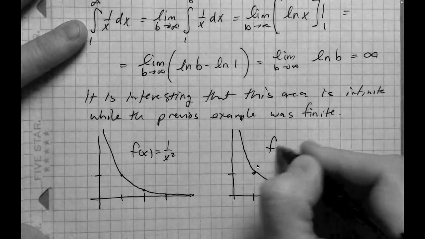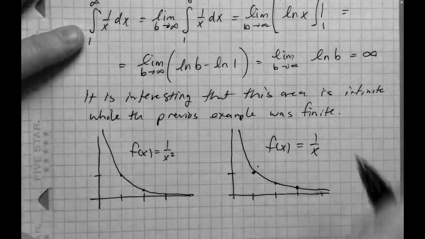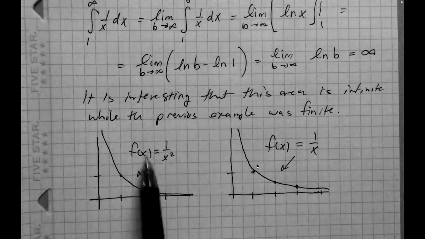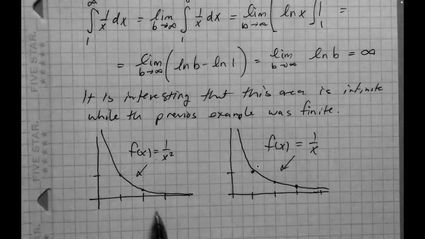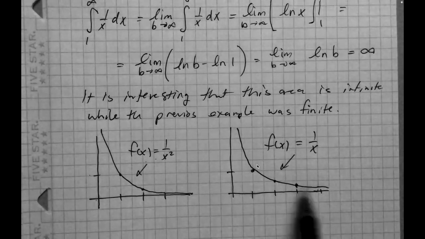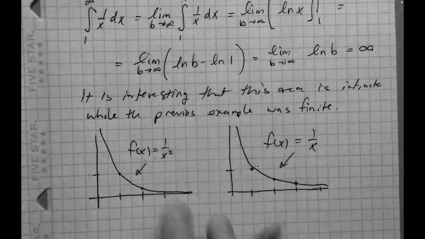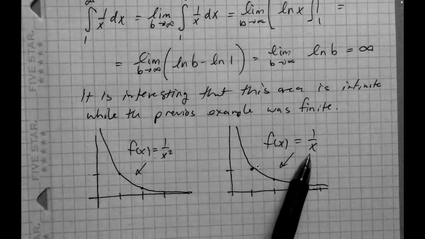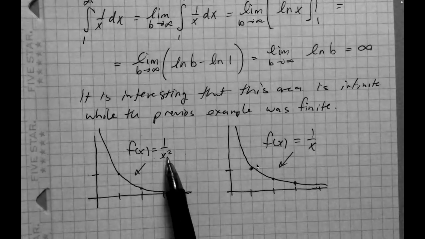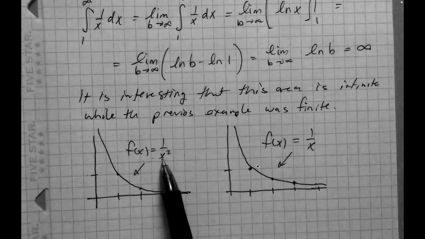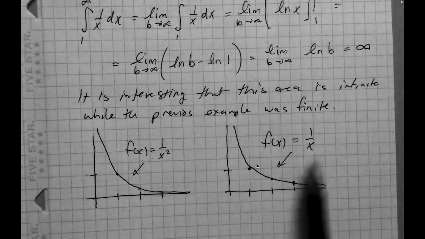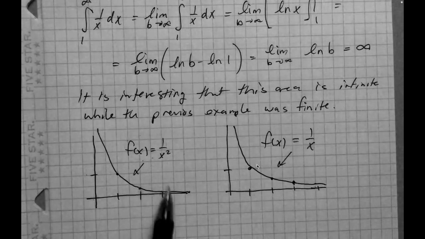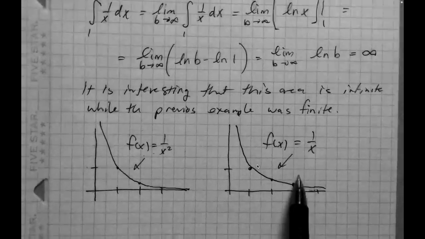Now clearly, we can reason about this: the 1 over x squared curve is going to be quite a bit closer to the x-axis at each tick. You can see that early on, but if we were to zoom in, we would see that it gets closer to the x-axis much quicker than this one. Like imagine the value of 50,000: 1 over 50,000 squared is a lot smaller than 1 over 50,000. So clearly this is going to go to 0 much quicker than this one.